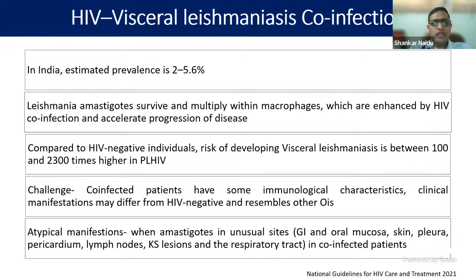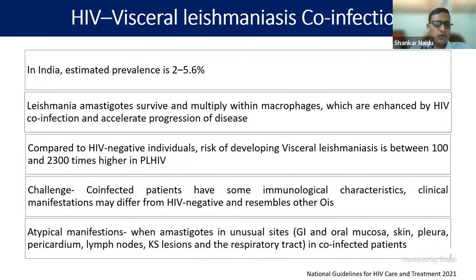Coming to HIV and leishmania co-infection, the estimated prevalence is about 2 to 5.6%, and certain typical characteristics do happen in these co-infected patients.